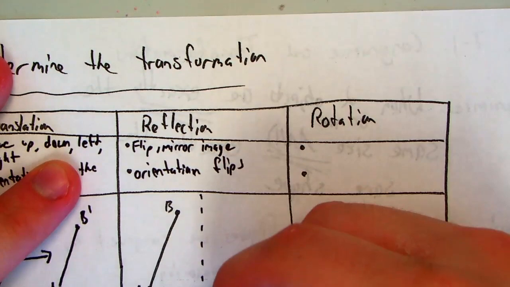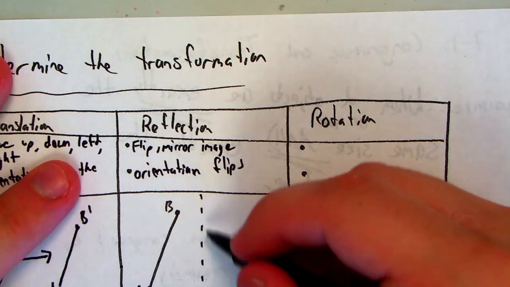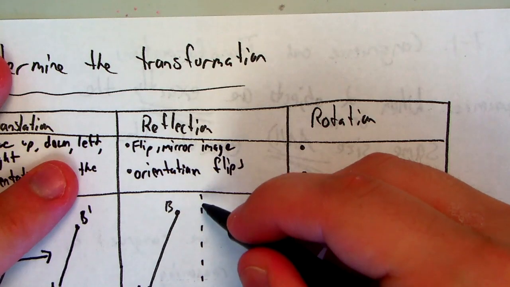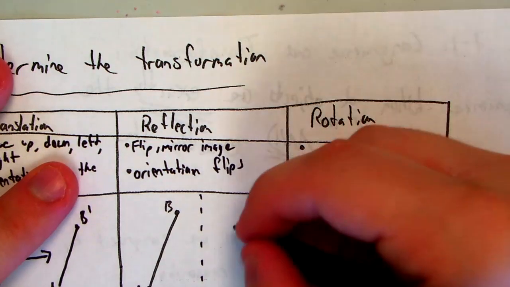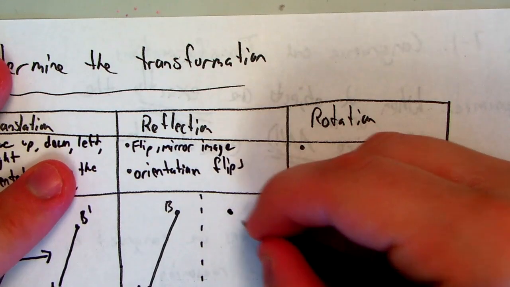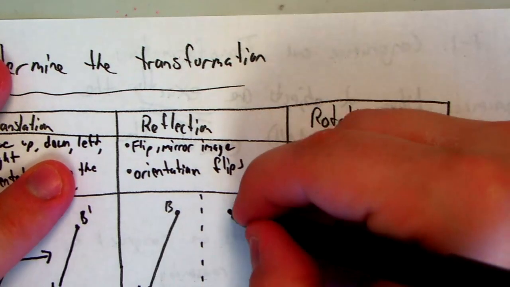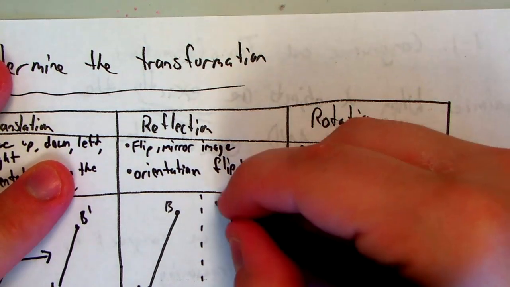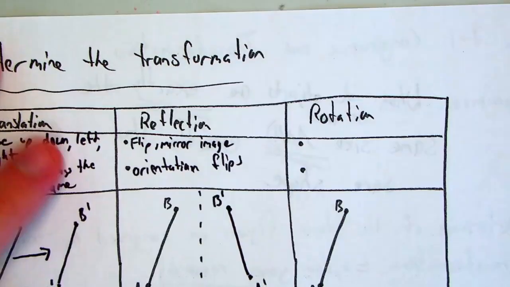This is either going to be the y-axis or the x-axis. In this case, it would be the y-axis because it's vertical. But it could be any line. And then my line would flip, so now A prime and B prime would be like that.